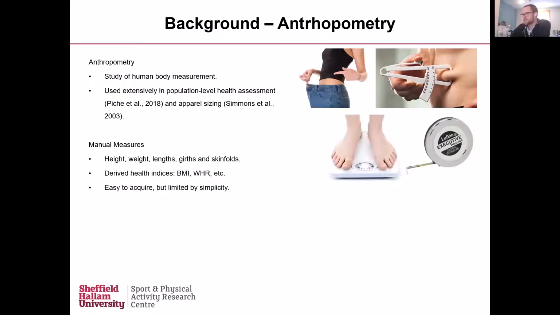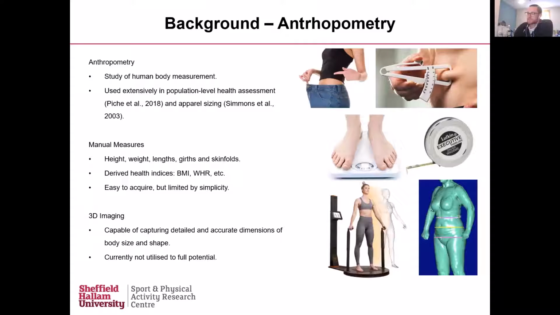Typically, it's conducted using manual measurement techniques, so using weight scales, height scales, tape measures to get traditional manual measures of height, weight, length, girths, skin folds, all the things that we're familiar with within sport applications, but also health assessments. Obviously, the benefit of these types of measures is that they're very easy to acquire, but they are limited in terms of the information that they can provide to the practitioner.